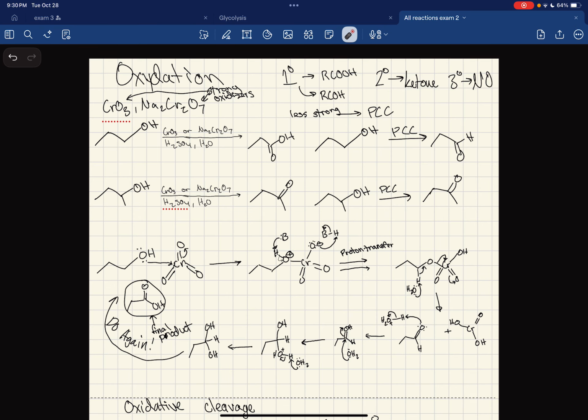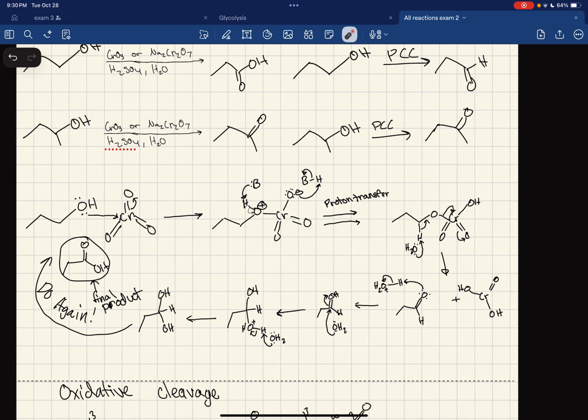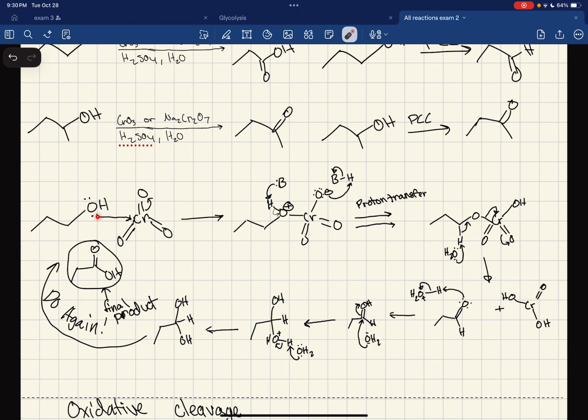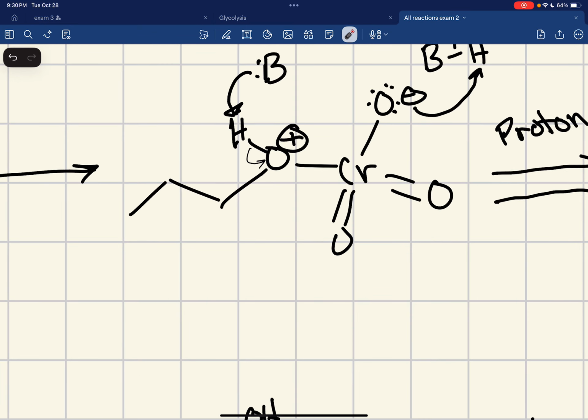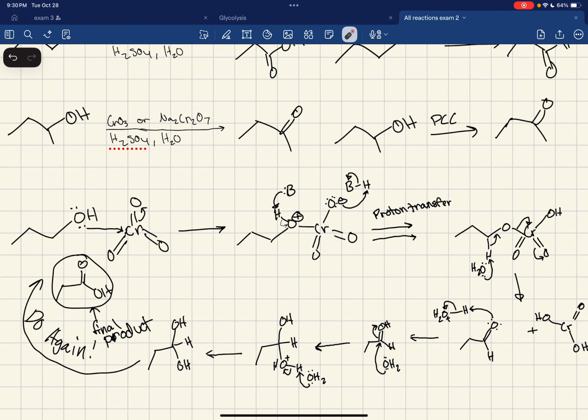So you will need to know this mechanism where the OH is going to attack the chromate, and those electrons will come up onto the oxygen, and then the base is going to come and pull off that hydrogen, the positively charged oxygen. You can't see that, but those electrons come back down. And then this is going to come and pull off a hydrogen.